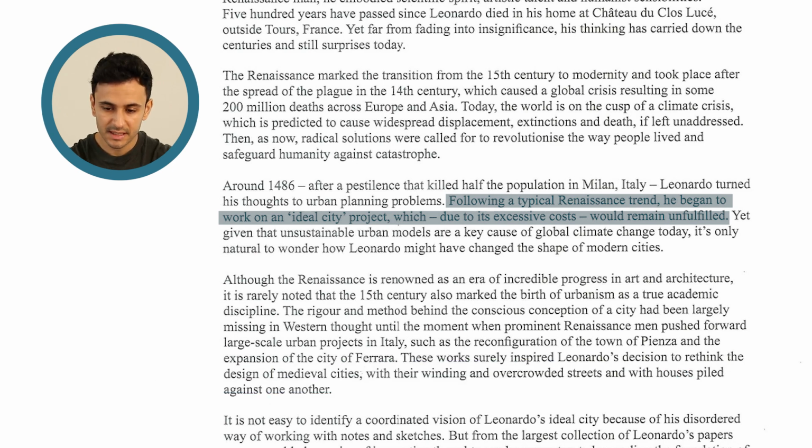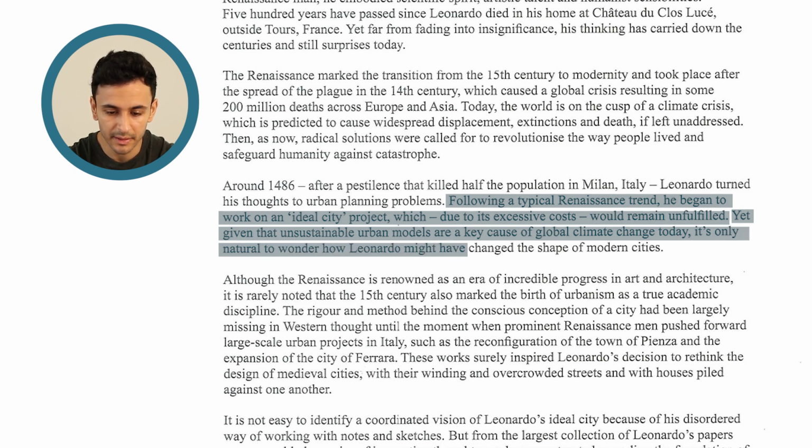And then in this sentence: yet, given that unsustainable urban models are a key cause of global climate change today, it's only natural to wonder how Leonardo might have changed the shape of modern cities.